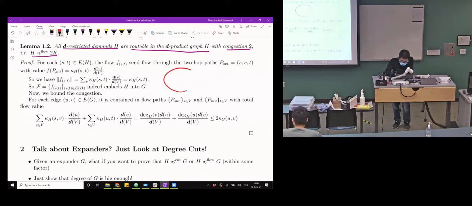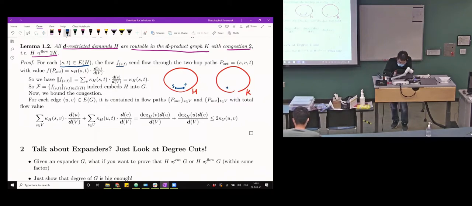Consider this H, and this is K. Suppose we just look at one demand in H, S and T. I just need to construct a flow for each demand. How does it look? It's going to look like this.